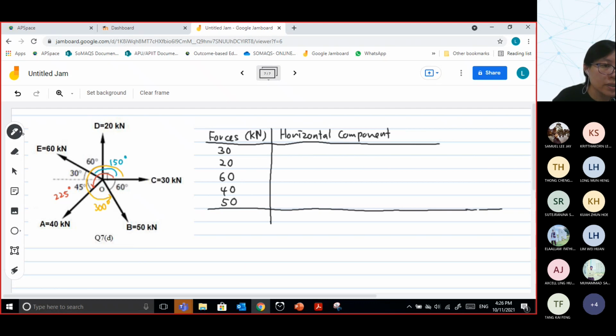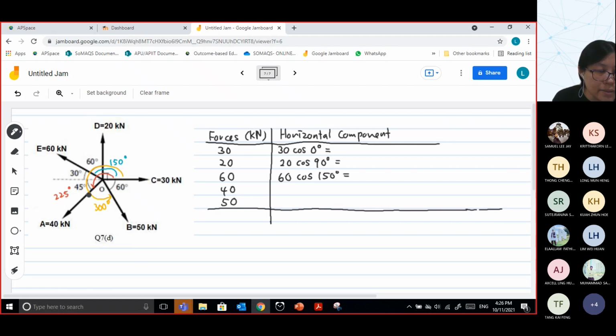For horizontal, start with the 30: 30 cos 0. Then the second one, 20 cos 90 degrees. And E is 60 cos 150.